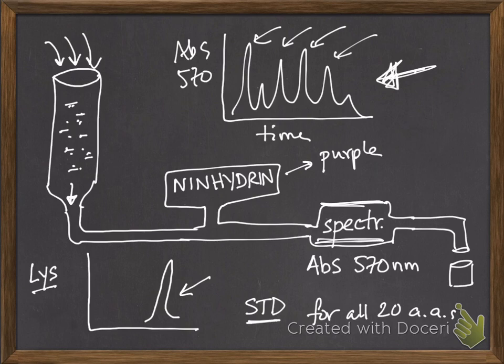So this is a standard. You run your standards, you run each of the 20 amino acids, see where the peak goes, and then when you get your data, you compare each of these standards, the location of the peak, to identify which peak is what in your experimental results. So hopefully that cleared up some of the questions.